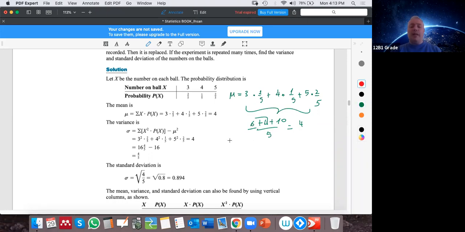And what will be the variance? The variance will be this: 3 squared times 2 over 5, plus 4 squared times 1 over 5, plus 5 squared times 2 over 5. When you get this total, minus mu squared. Why?